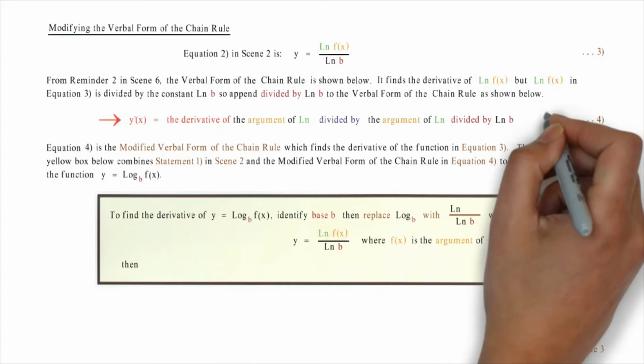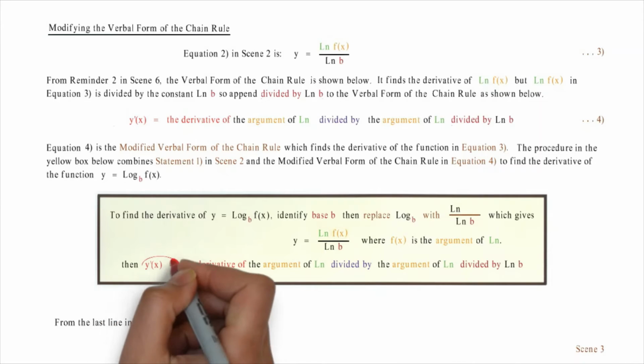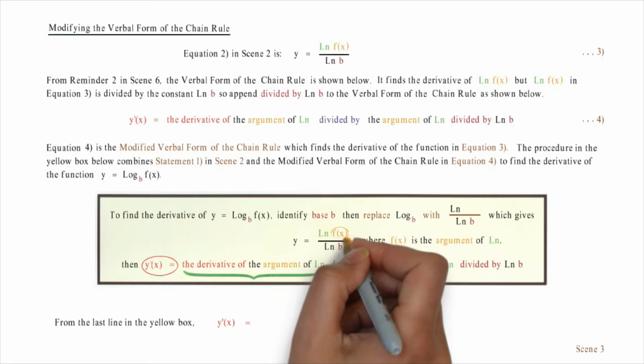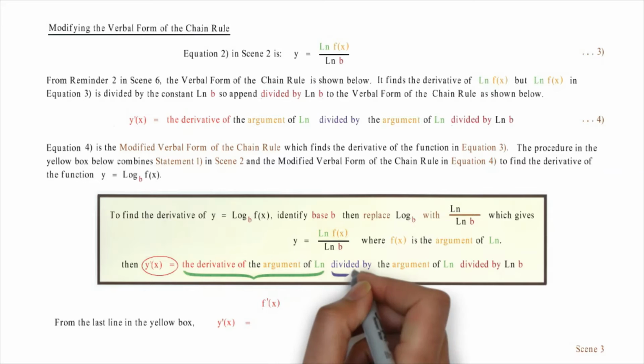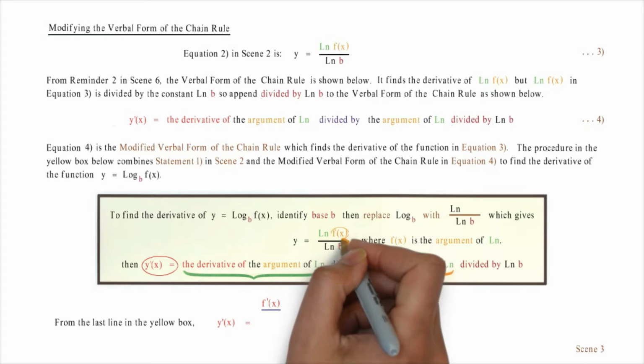Then equation 4 states that, from the last line in the yellow box, y dash of x equals the derivative of the argument of ln, which is the derivative of f of x, which is f dash of x, divided by the argument of ln, which is f of x.